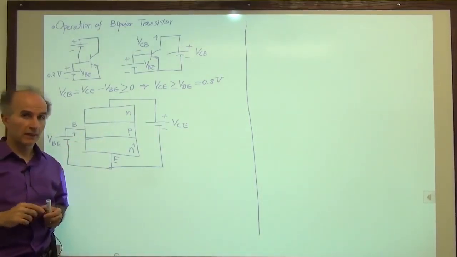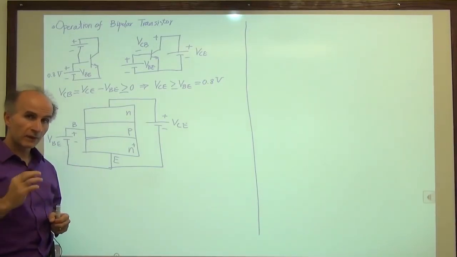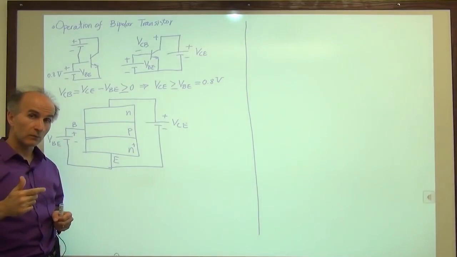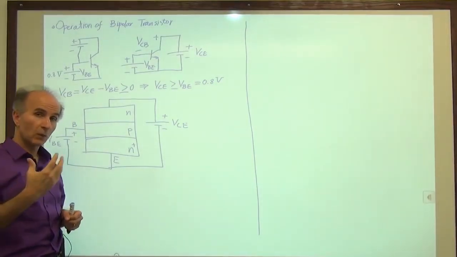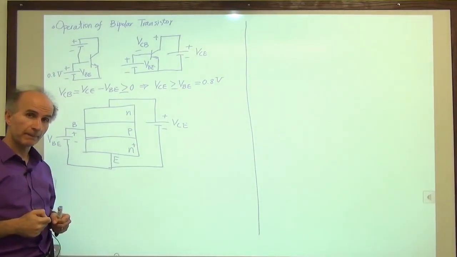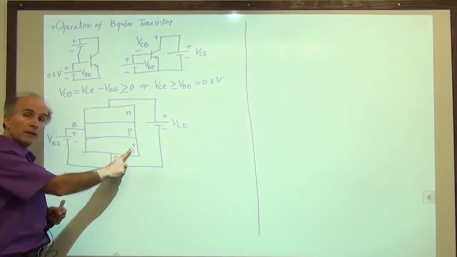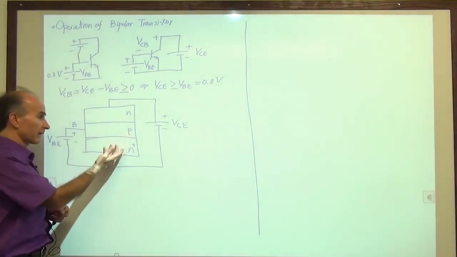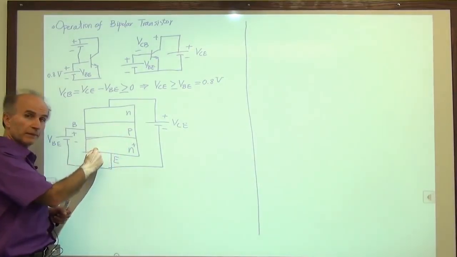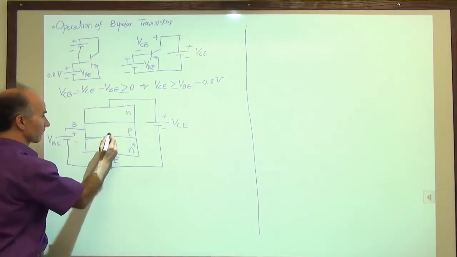Now the question is, what constitutes this current? Electrons or holes? Or if you look at it, which carrier is more dominant? Well, we have N plus here and P here. So we have lots of electrons going this way and some holes going this way. So I will draw that. So we have lots of electrons.